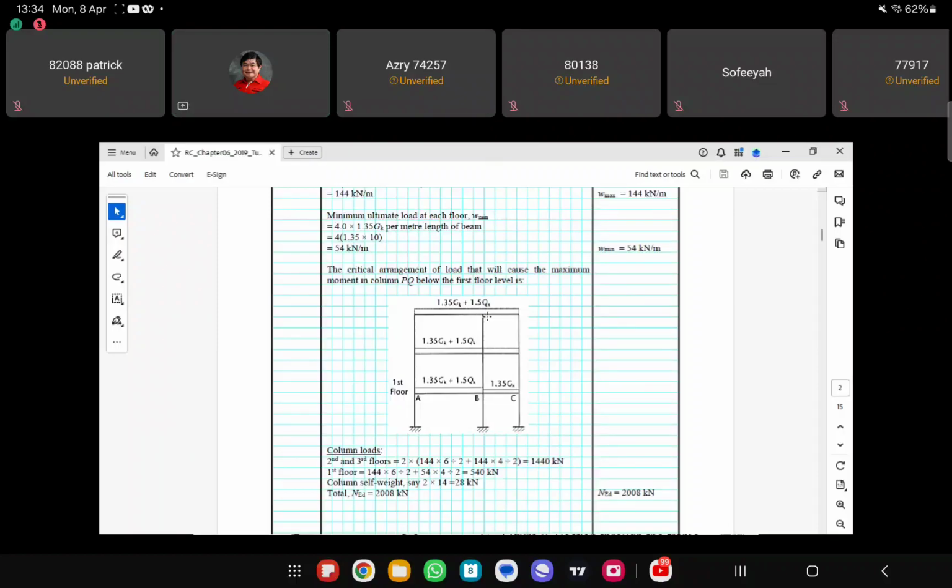Okay, so the total load that is transferred to this column here is this, right? The half of the load from this beam and then half the load from this beam. 144 times 6, which is the length, divided by 2, that will be half of this load. And then 144 times 4 over 2 will be half of this load here, from this floor.